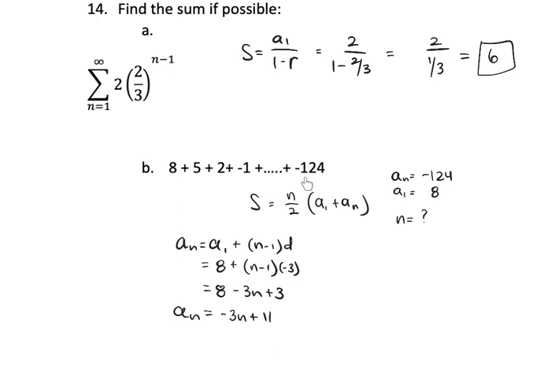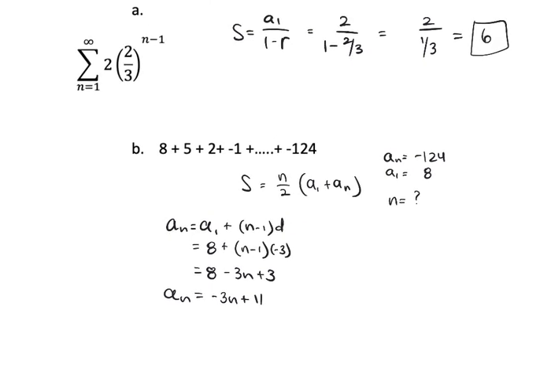What we're trying to figure out is negative 124 is which term of the sequence. So we can plug in negative 124 here and solve for n to figure out what number of the sequence it is.